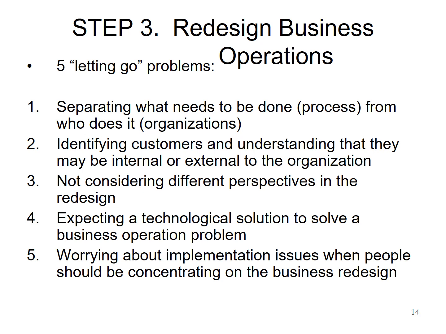First, separating what needs to be done from who does it. That is, separating what needs to be done, the processes, from who does it, the organizations or the teams. Second, identifying customers and understanding that they may be internal or external to the organization. So who are your customers, the internal or the external customers?